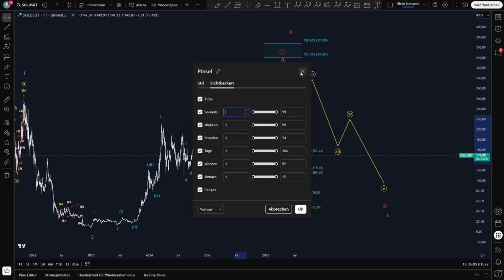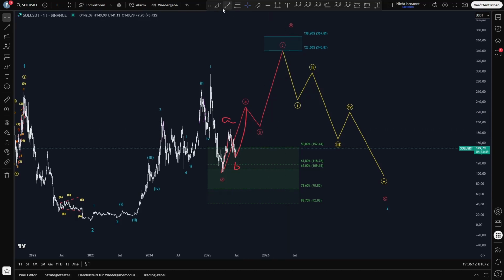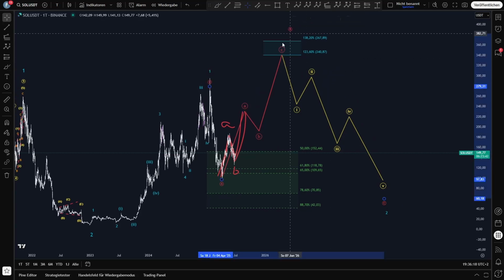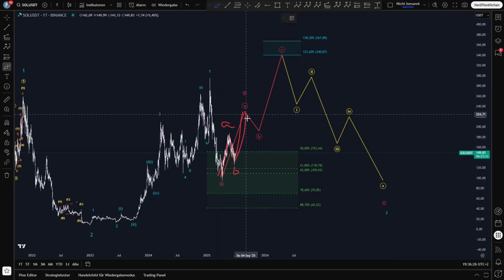So the less bullish scenario would be that this ABC structure, which we are completing right now, is the ABC structure of this B wave. From that point we wouldn't see another B wave and another C wave.